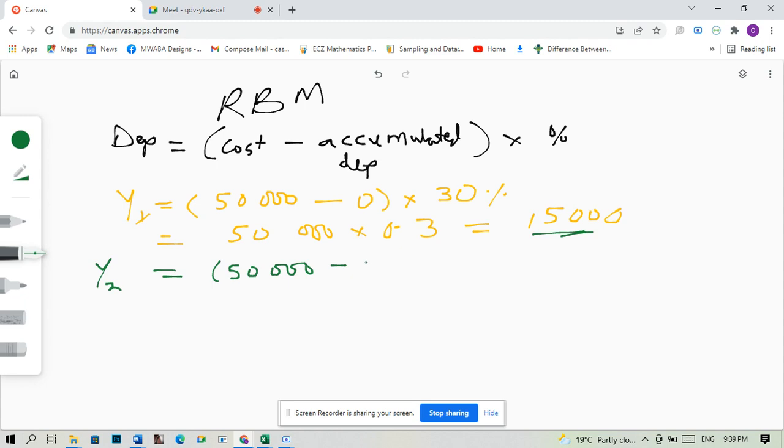So 50,000 minus 15,000 times 30%. So 50,000 minus 15,000, that's 35,000, and 30% of 35,000 is 10,500.